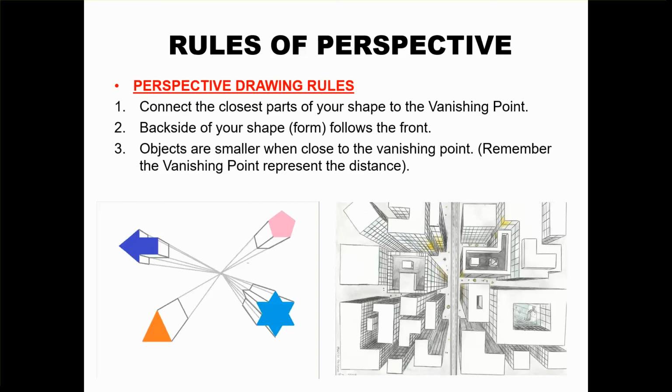But as things are further away, you perceive them as smaller. Of course, they're not smaller, but you perceive them as smaller in the distance. So objects are smaller when closer to the vanishing point, and that vanishing point represents the distance, aka shapes that are further away.